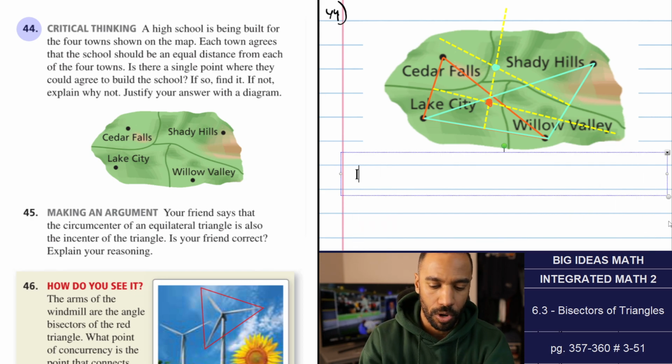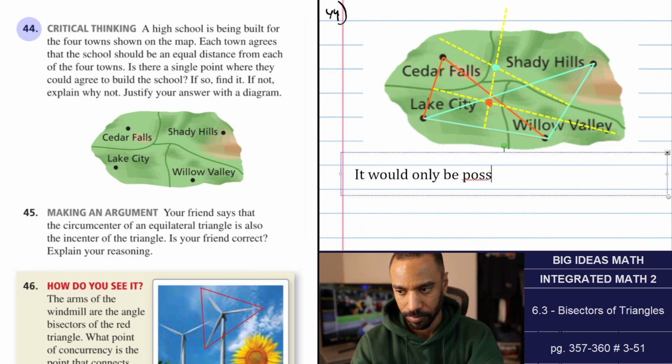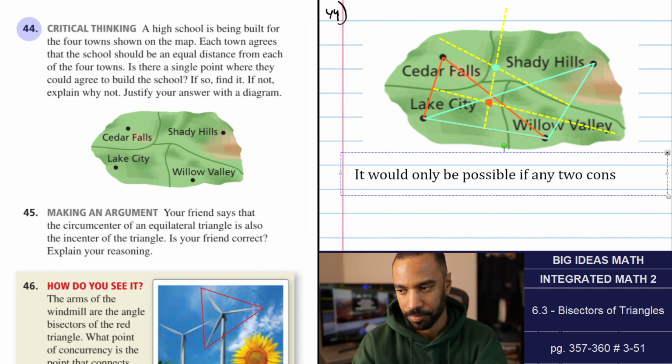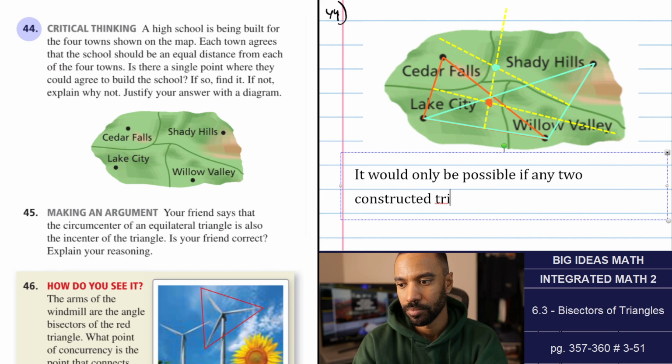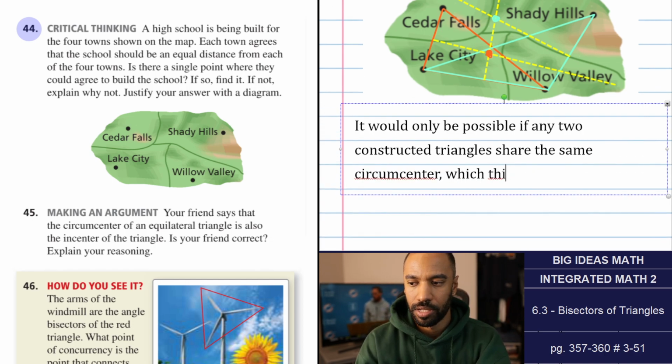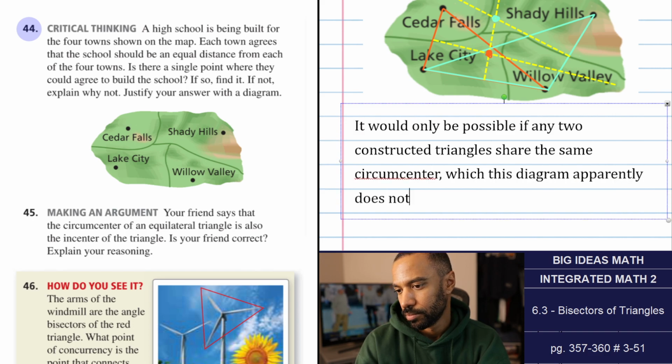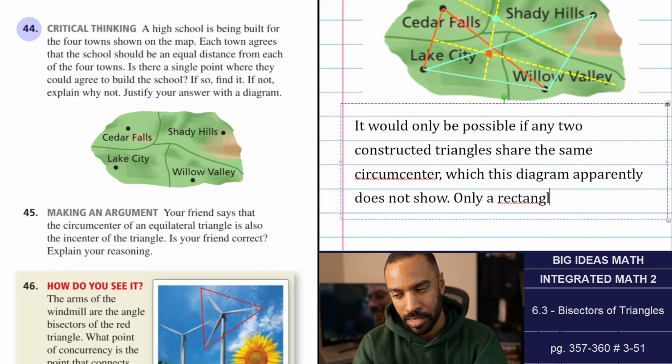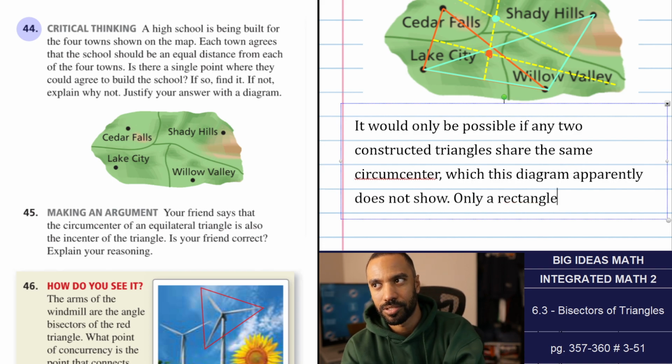So it would only be possible if any two constructed triangles share the same circumcenter, which this diagram apparently does not show. Only a rectangle. This is my hypothesis.